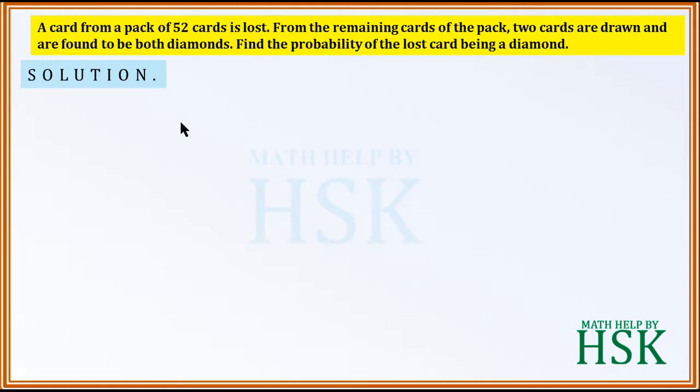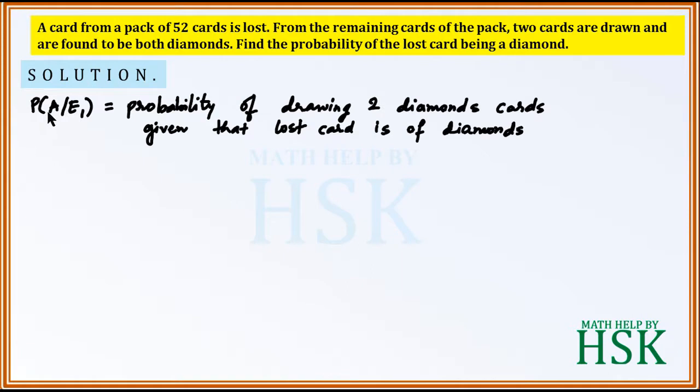Probability of A given E1 is equal to 12C2 upon 51C2.